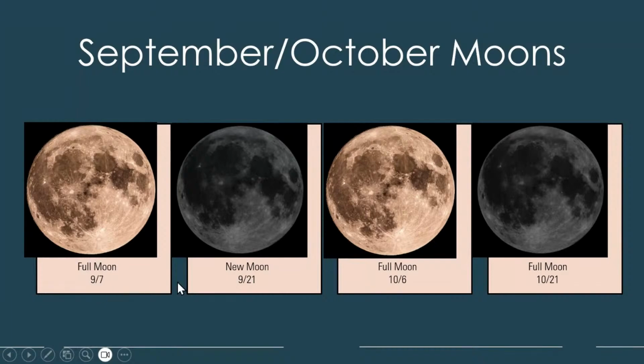There was a new moon on September 21st. There is also a full moon on October 6th and a full moon on October 21st. So we have all of these. We need to look at where these moons are in the sky, what constellation they are in, and it will actually tell us if we are in the correct time frame.